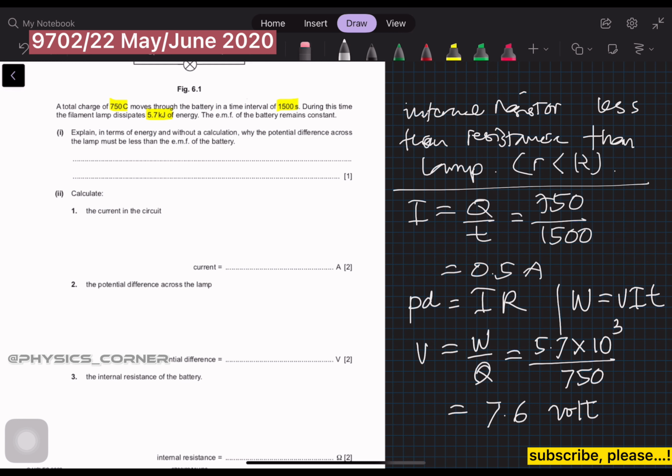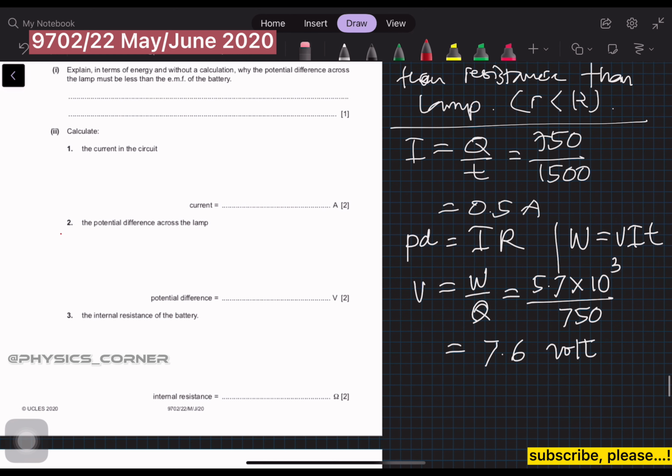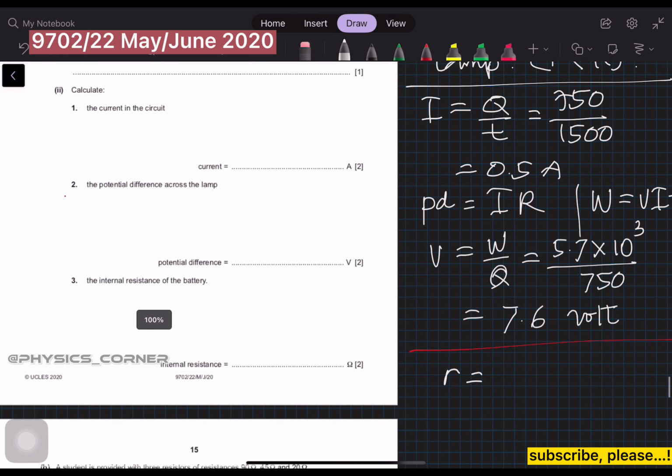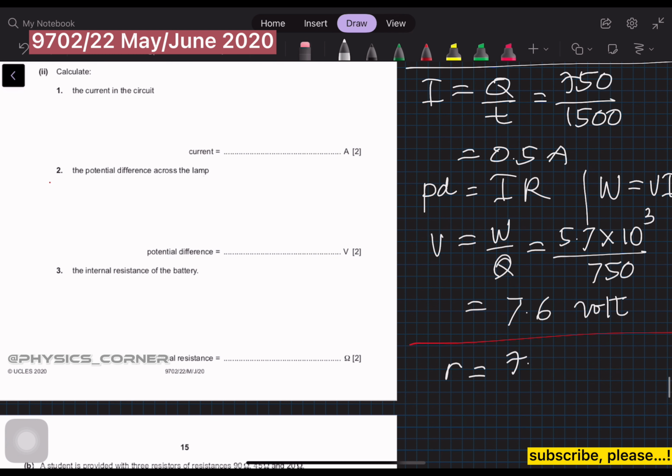And then finally we need to find the internal resistance. Here the voltage is 7.8 minus 7.6, divided by the electric current.